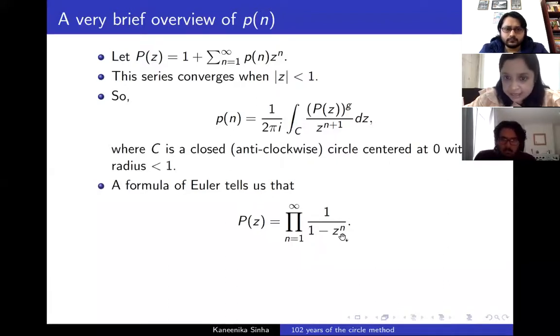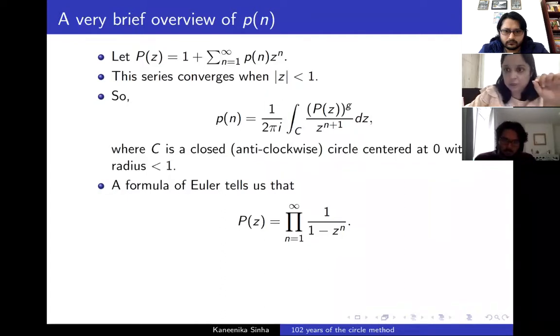So obviously, if z to the n comes closer and closer to 1, this function is going to become problematic. It's just going to explode. In other words, as we approach any nth root of unity, there is a problem.